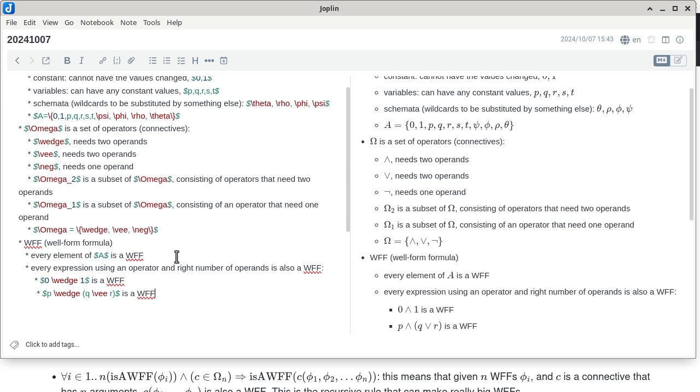Is Q a WFF, according to how we define alpha? Is R a WFF? All right. So then the next question, recursively defining your well-formed formula: is Q or R well-formed?